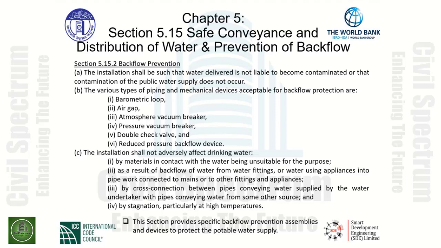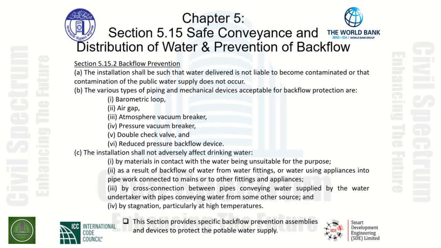C, the installation shall not adversely affect drinking water by materials in contact with the water being unsuitable for the purpose, as a result of backflow of water from water fittings or water using appliances into pipework connected to mains or to other fittings and appliances, by cross connection between pipes conveying water supplied by the water undertaker with pipes conveying water from some other source, and by stagnation, particularly at high temperatures.